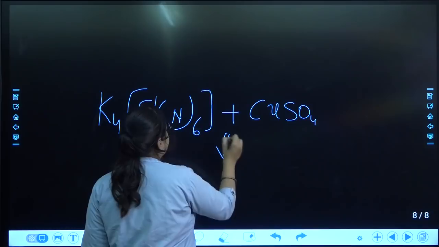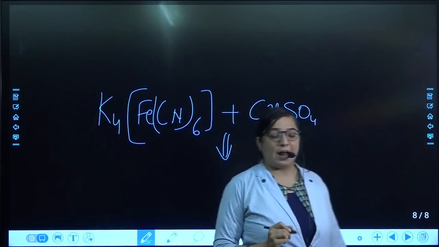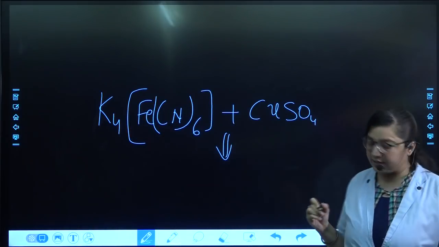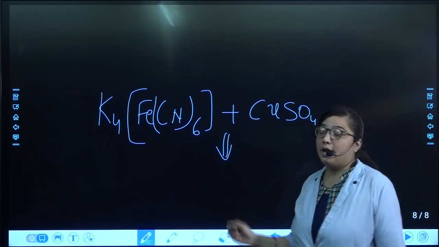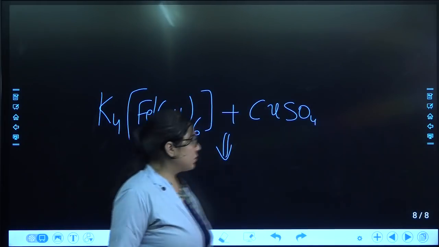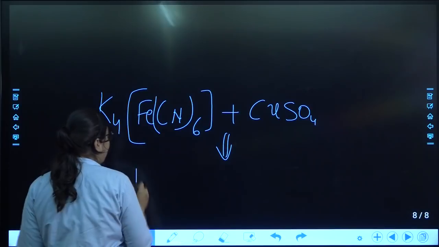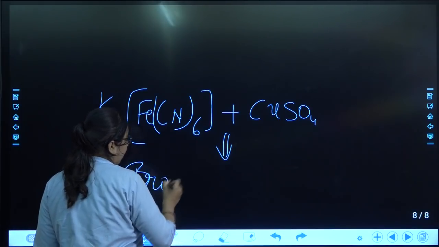When we mix both of these, K4FeCN6 and CuSO4, at that time you will observe that brown colored precipitates are formed.